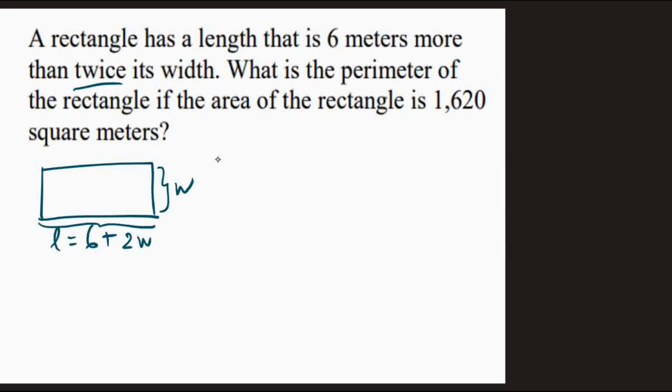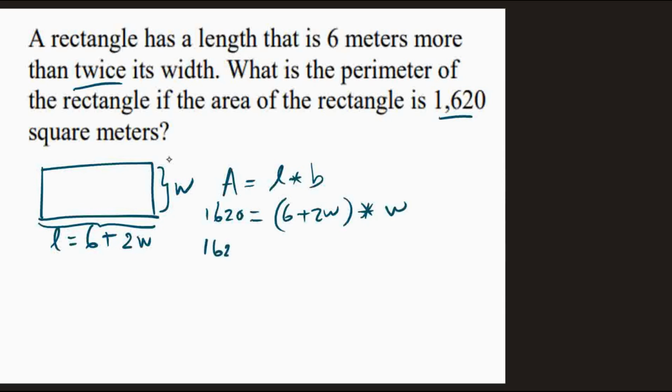Alright, now what is the perimeter of the rectangle if the area of the rectangle is 1620 square meters? So the area, use this formula, length times breadth, and it's equal to 1620. The length is 6 plus 2w, and the breadth is w.